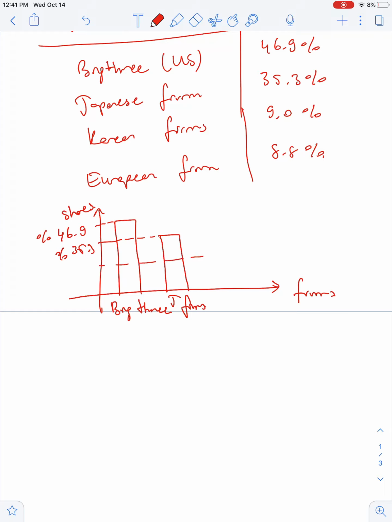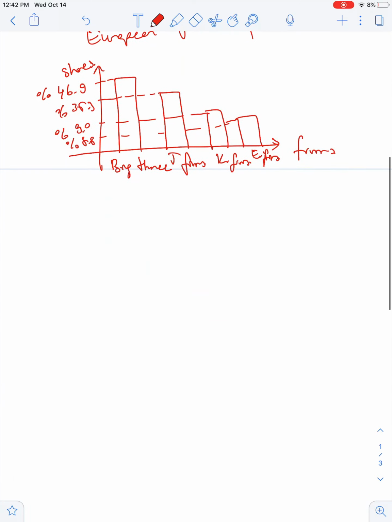And we have Korean firms, which is 9%. And we have European firms, this is 8.8%. So this is for the bar graph.